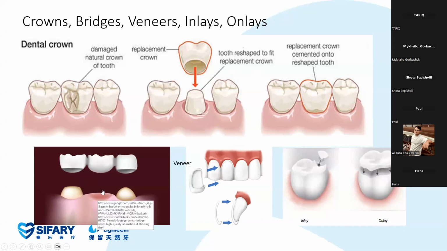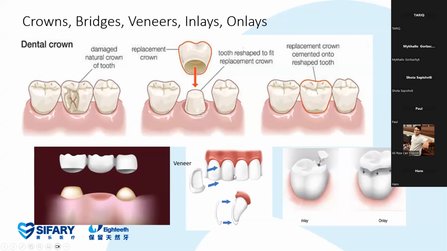If there is a missing tooth, as you see in the middle on the left lower side, another option is what they call a bridge. They reshape your teeth and insert a bridge restoration. That's what we call it.